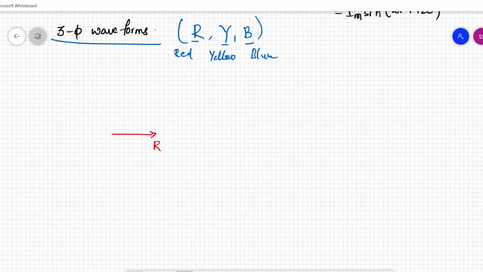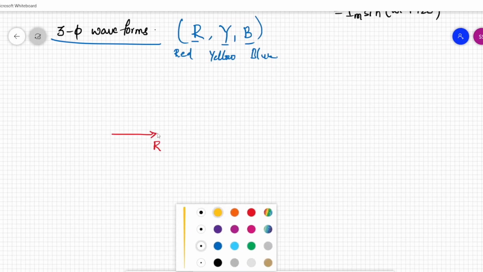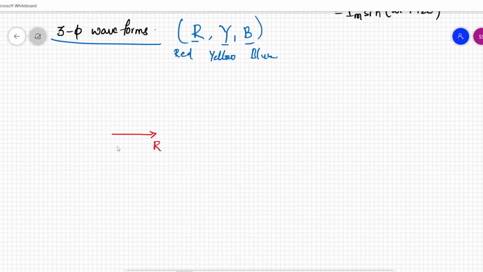Yellow will be 120 degrees away from this red phasor, and blue will be 120 degrees away from these two phasors. So these are three phase AC phasors, R, Y, B, which are 120 degrees apart from each other.